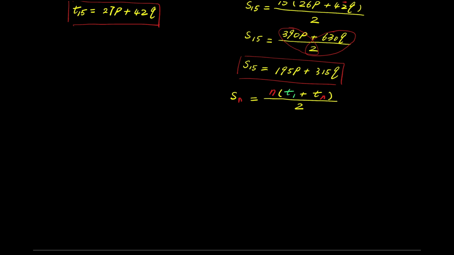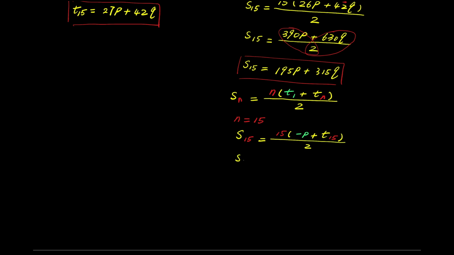For n equals 15, we have S15 equals 15 times (t1, which is negative p, plus t15), divided by 2.